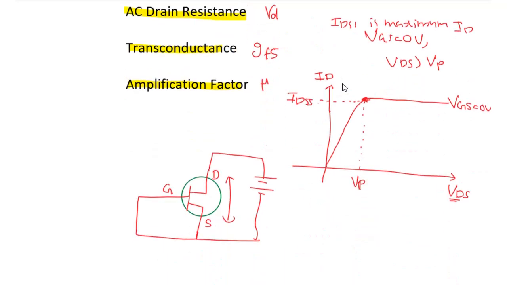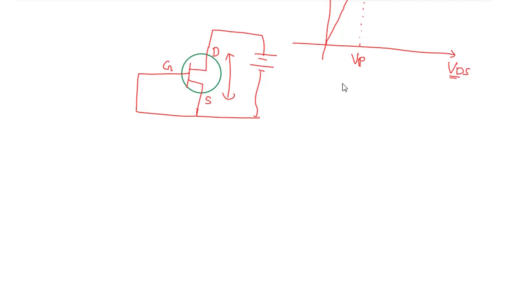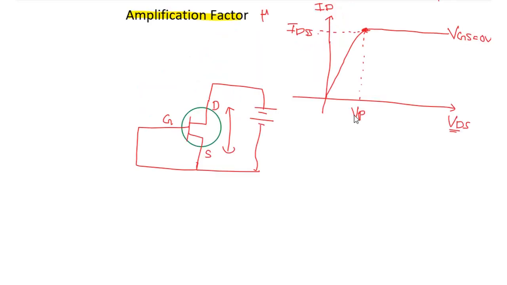So let us draw the curve between ID and VGS. So I will show it here. So I have ID here and this is VGS. So already we have drawn a diagram here, ID against VDS.